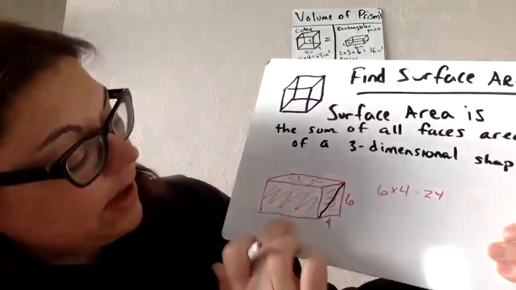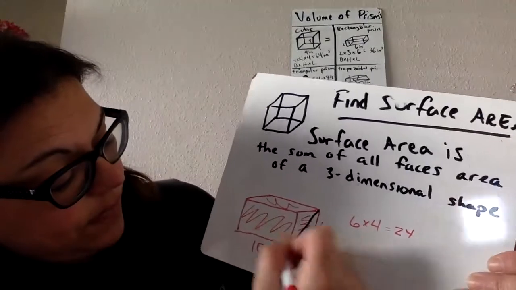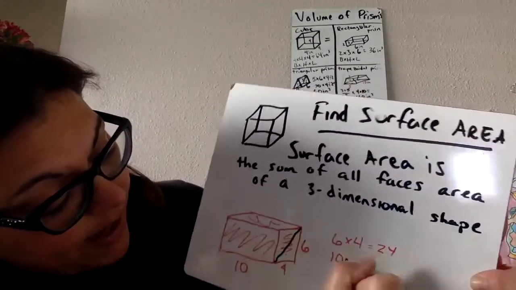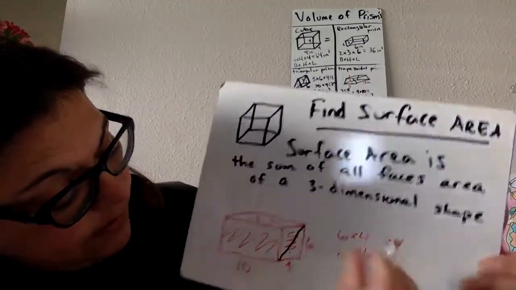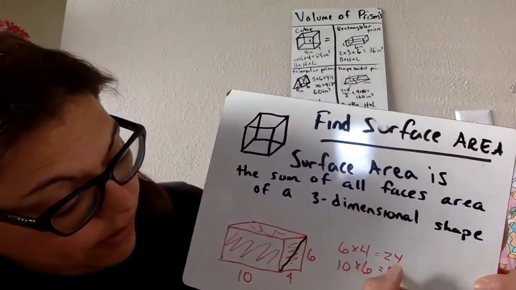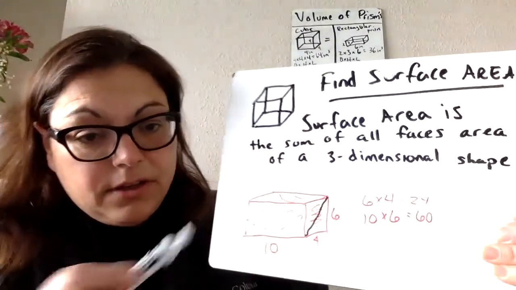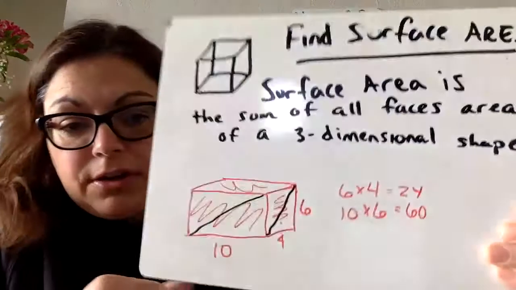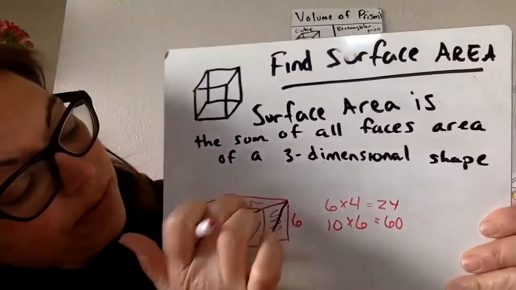Okay, now this one here, I have 10, my base is 10, and my height is 6. See that? 10 times 6, which we know is 60. So again, I'm going to put an X there so I know I got that one. Now I need to do this one up here.